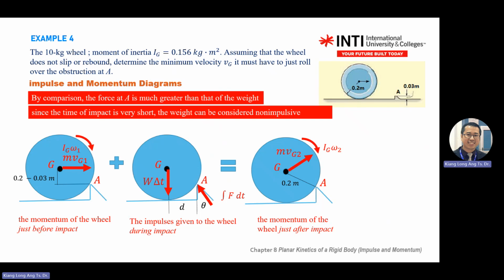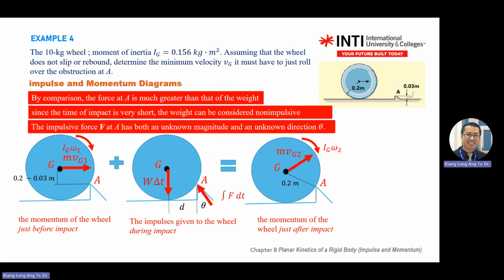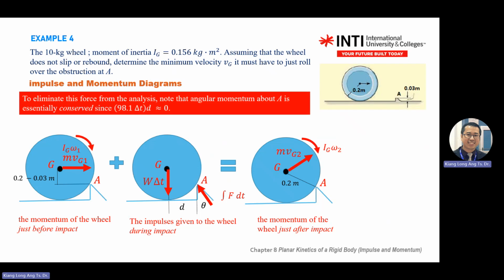So force A is much greater than the weight. Since the impact time is very short, the weight can be considered non-impulsive. The impulsive force F at A has both unknown magnitude and direction. To eliminate this, we take that angular momentum about A is conserved.